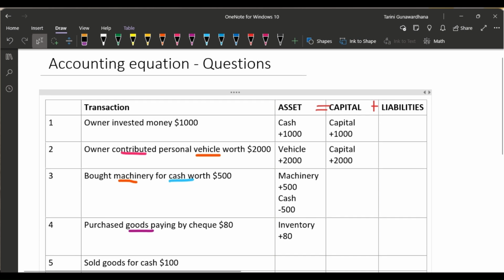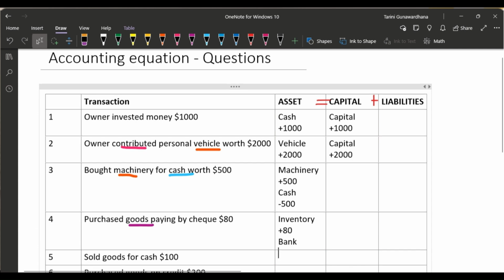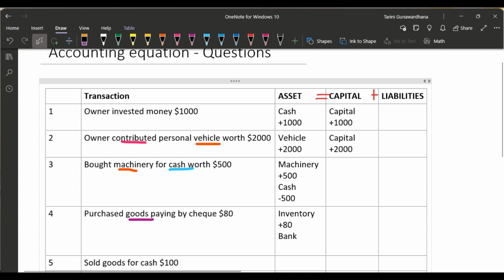Now you paid for the inventory by check. The business paid using its bank account. So the $80 will be deducted from the bank. The cash held in the business's bank account is also counted as an asset, which means bank minus 80.